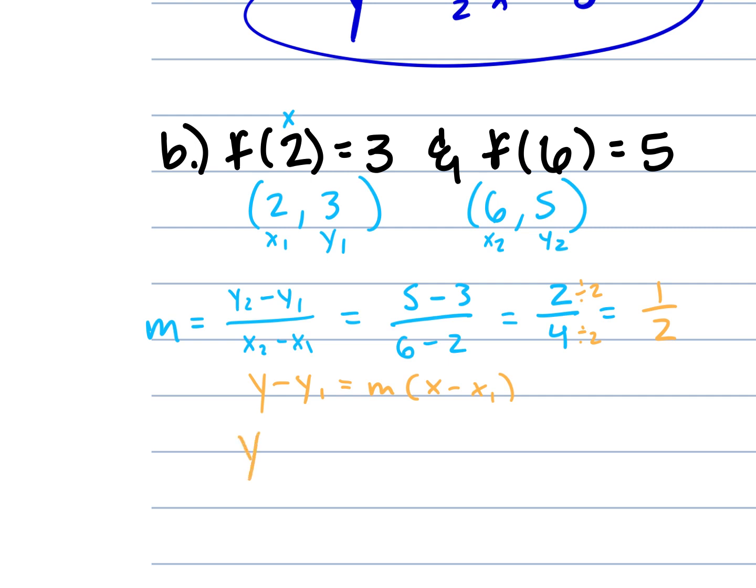So y minus what? 3 is equal to 1/2 times x minus 2. Awesome. We're going to leave this one in point slope form. Again, it doesn't ask for it here, but just for the sake of time, we're going to leave it here. What would I do if I wanted slope-intercept form? Distribute. Got to distribute first.